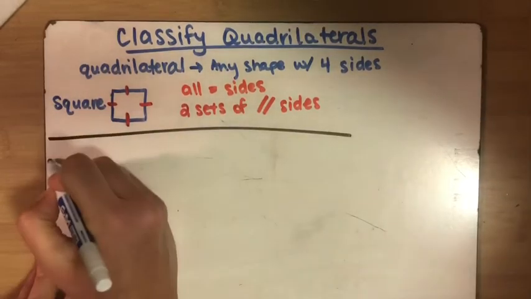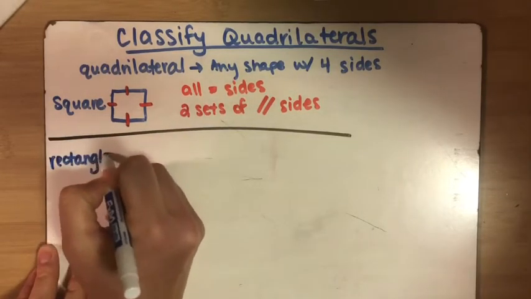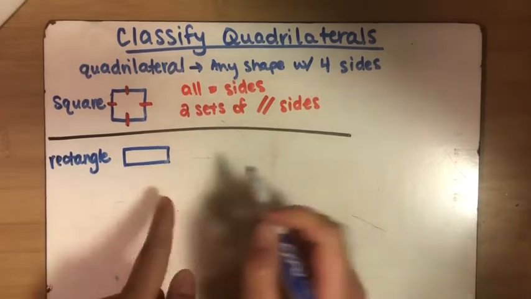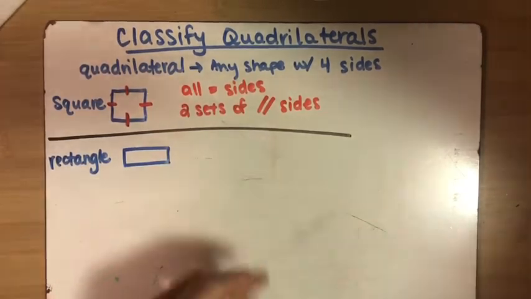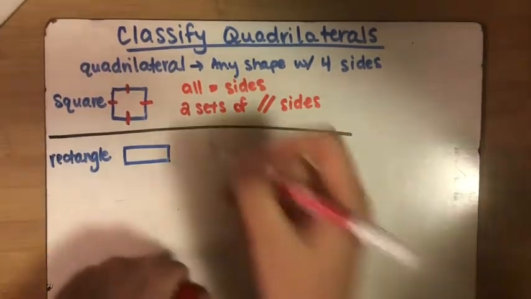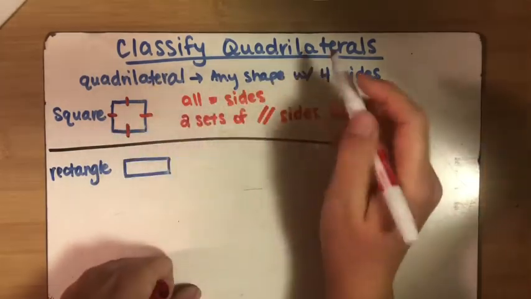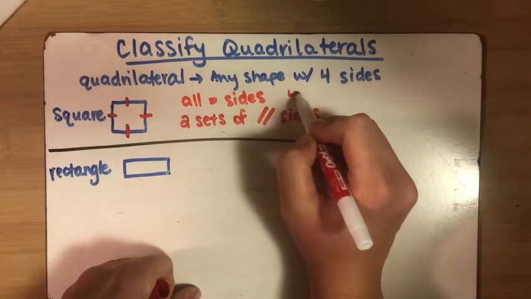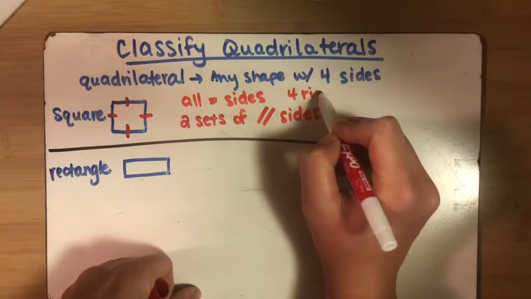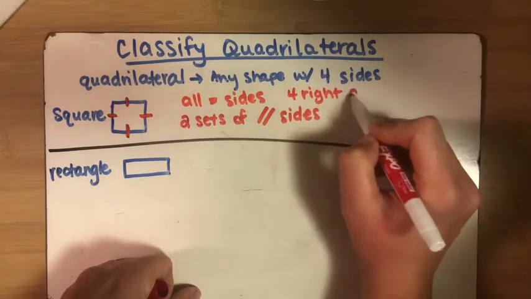We have a rectangle. Now in order for a shape to be a rectangle, it needs to have 4 sides. Oh, this also needs to have 4 right angles.